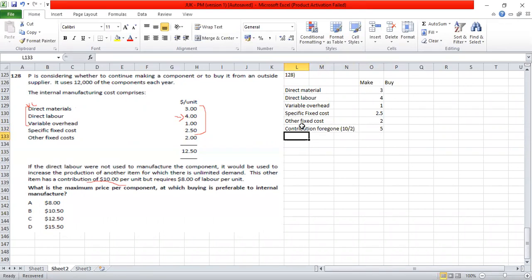Is the supplier's price given? Supplier's price is not given. The question says, what is the maximum price per component at which buying is preferable to internal manufacture? So when will it be better that buying is better than making it?